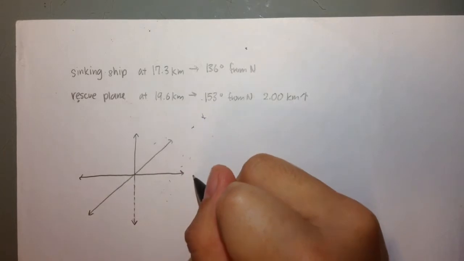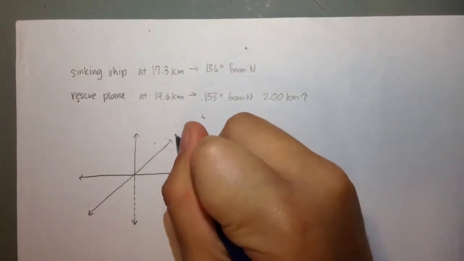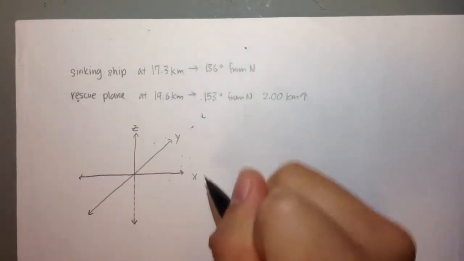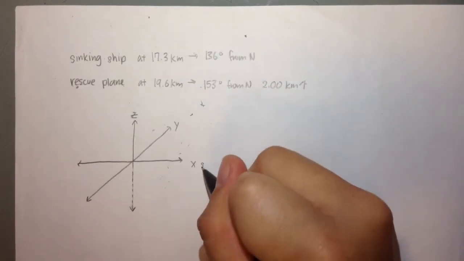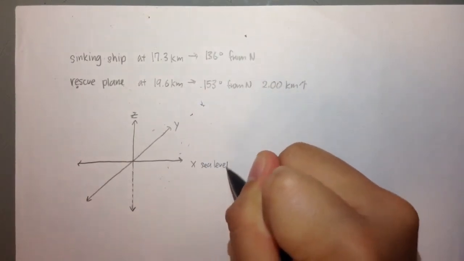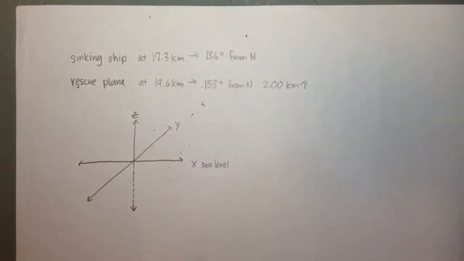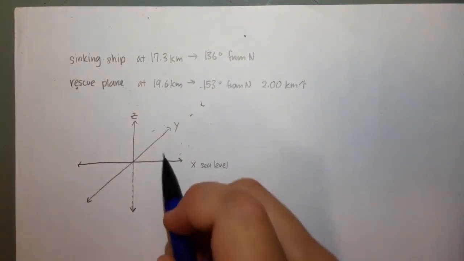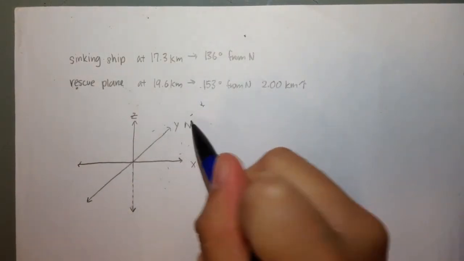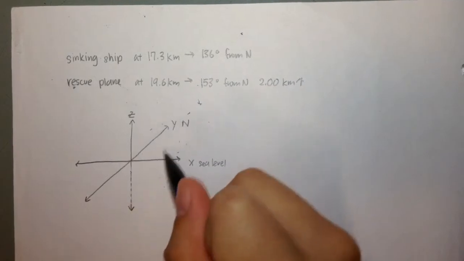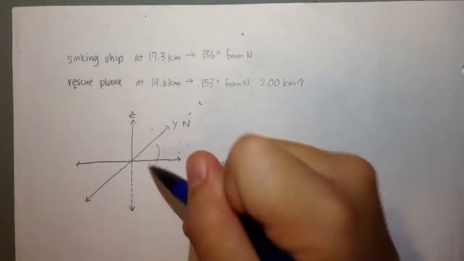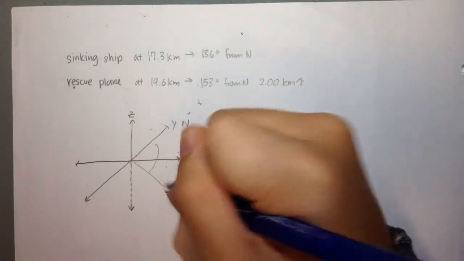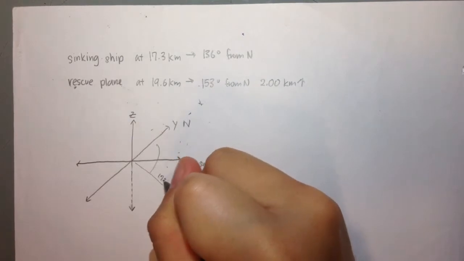And we'll say this is the x-axis, y-axis, and z-axis, and this one's at sea level. So we're going to draw the picture of the sinking ship. We know this is going to be north, and if it's 136 degrees, it's probably around right here. Let's say that's 17.3 kilometers.